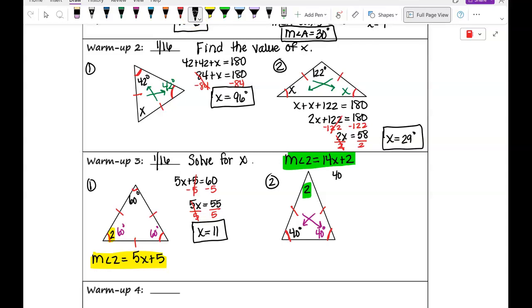So 40 plus 40 plus the quantity 14x plus 2 is going to be equal to 180. When I go to combine like terms, 40 plus 40 is 80, but I have to remember about that 2 in there, so I have 82 plus 14x equals 180.